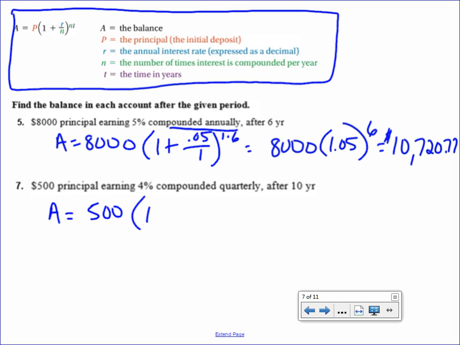This time, 1 plus, again, our rate is 4%, so 0.04. This time it's compounded quarterly. Quarterly means 4 times a year, so I'd have a 4 down here. And then after 10 years, this again would be a 4 times a 10.